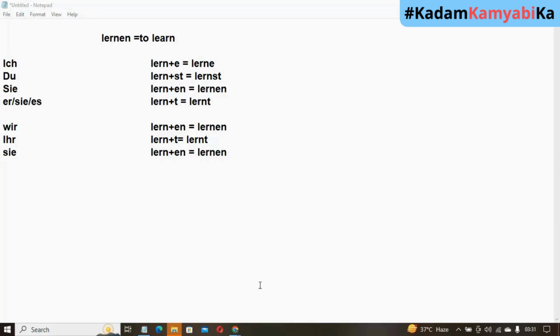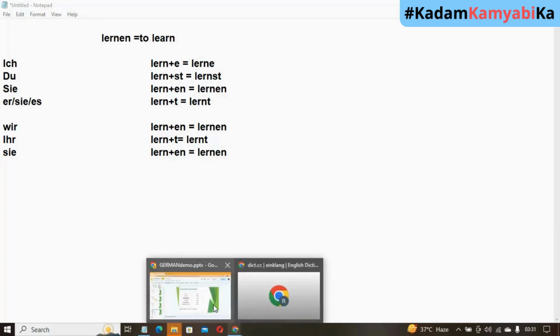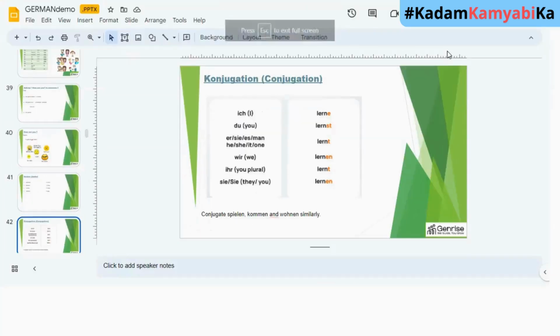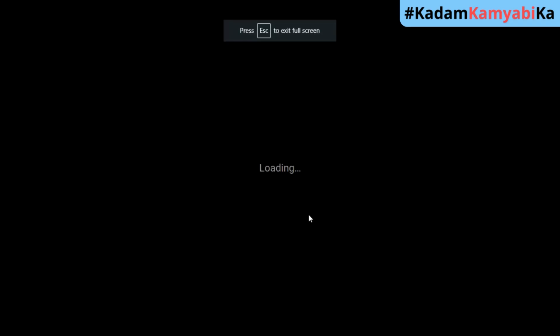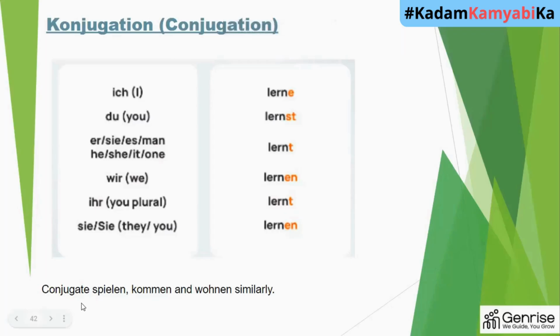Coming back to the slide. You have to conjugate now spielen, kommen, and wohnen in the similar format. You can use highlighters or sketch pens to highlight these endings. You have to learn these endings also, which is very important. So I'm giving you 2 minutes, and please complete the learning as well as conjugate the below 3 verbs.